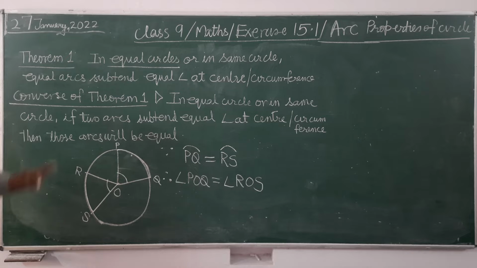If arcs are equal, then they will subtend equal angles at the center. And if they subtend equal angles at the center, then they will also subtend equal angles at the remaining part of the circumference. Is it clear? So this is in the same circle.